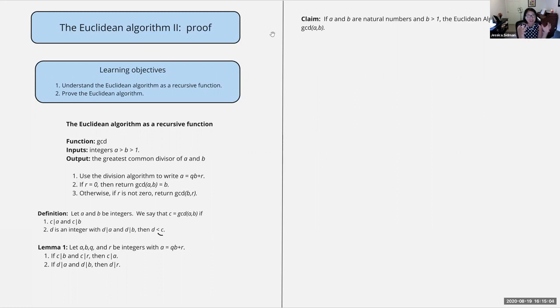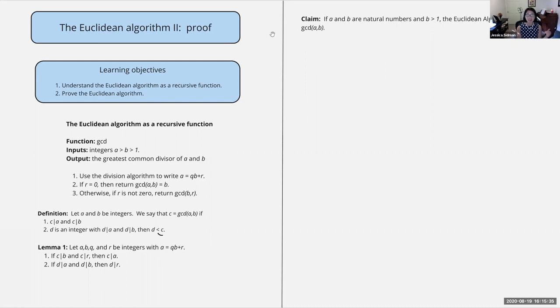So how can we understand the Euclidean algorithm as a recursive function? A recursive function is one that calls itself to solve a problem. Here you can think of the Euclidean algorithm as a function that I'll call GCD. It takes two inputs, numbers A and B, where A is bigger than B, and it outputs the greatest common divisor of A and B. What are the steps that it follows?